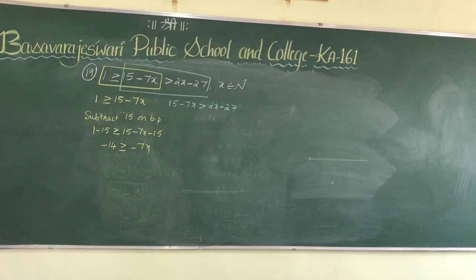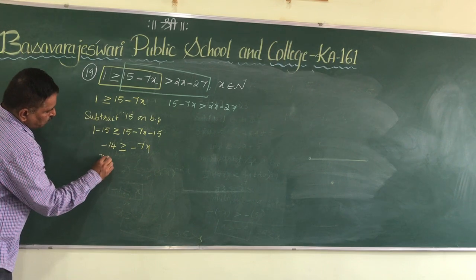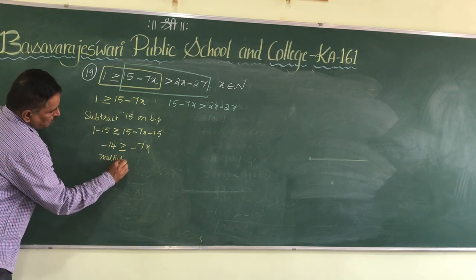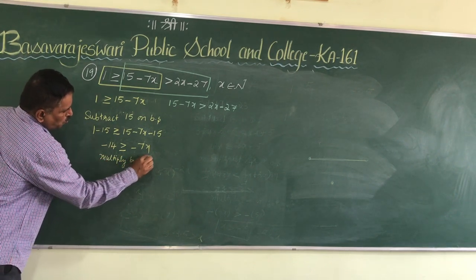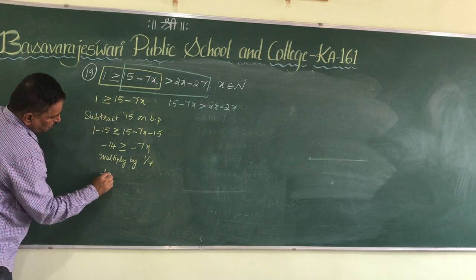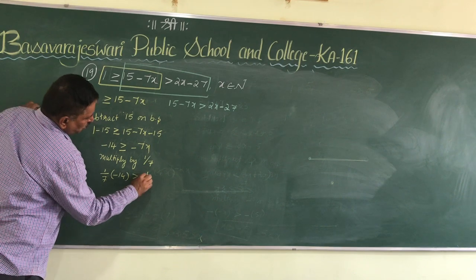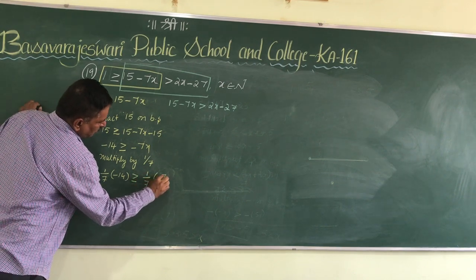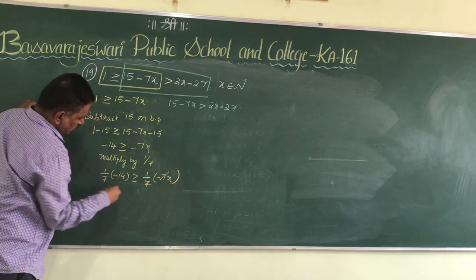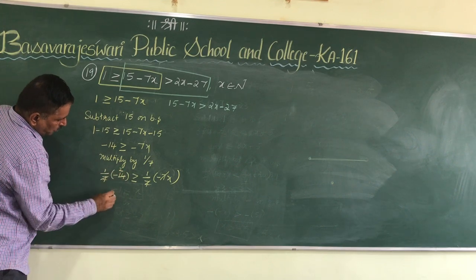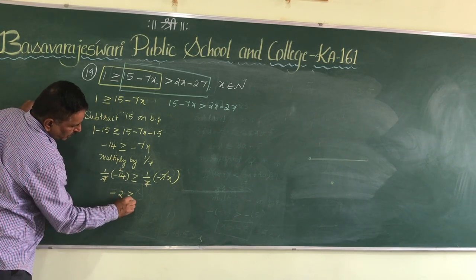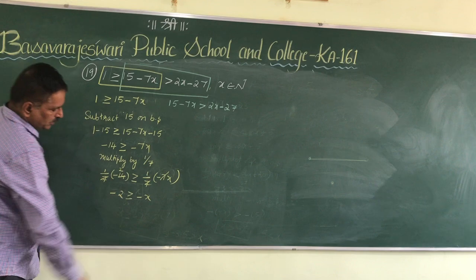I want only x, I don't want 7x or minus 7x. So what should I do? Multiply by 1 by 7: 1 by 7 times minus 14 is greater than or equal to 1 by 7 times minus 7x. So minus 2 is greater than or equal to minus x.